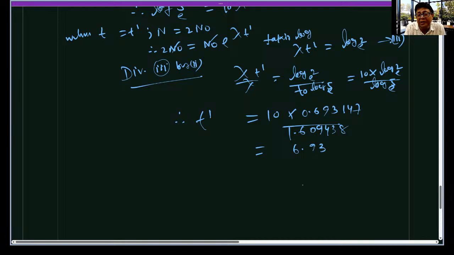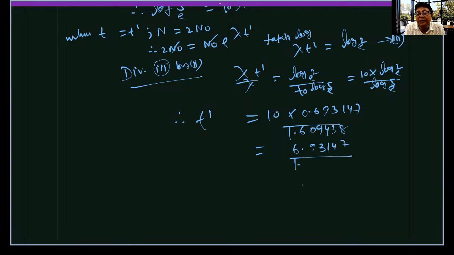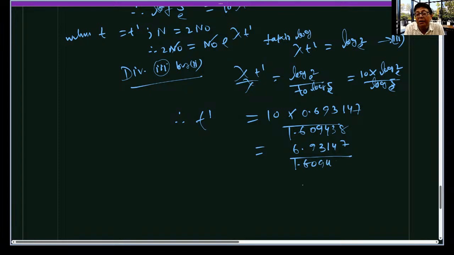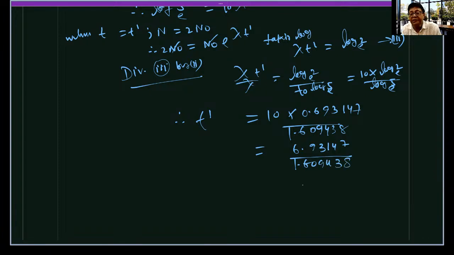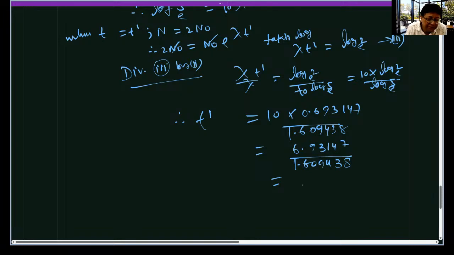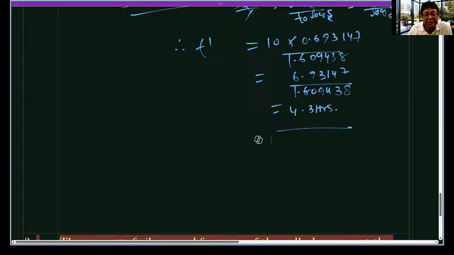So 6.93147 divided by this thing. Go on dividing. Value will be approximately 4.31 hours, 4.3 hours. No problem. Understood? Go for the next problem.